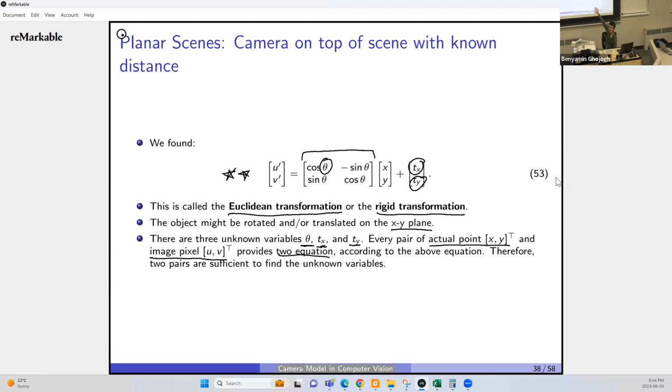Two rows, two equations. Therefore, two pairs are sufficient. Why? We have three unknowns, and every pair gives us two equations, so we need two pairs. What do I mean by pair? A point on the 3D planar object and its corresponding pixel.